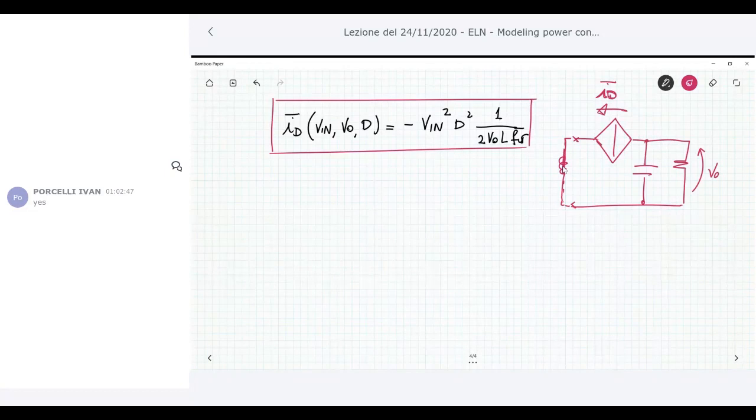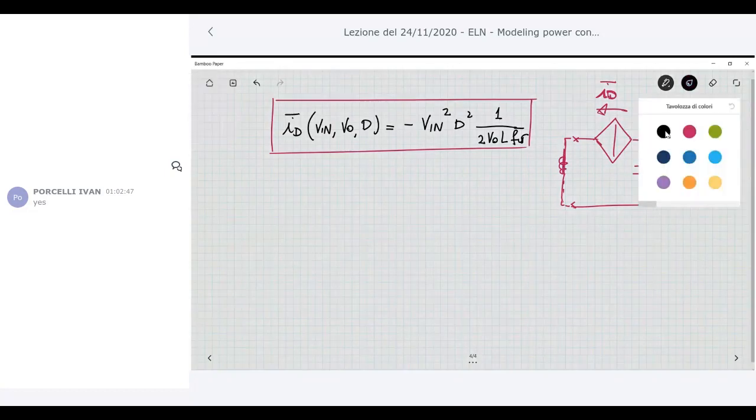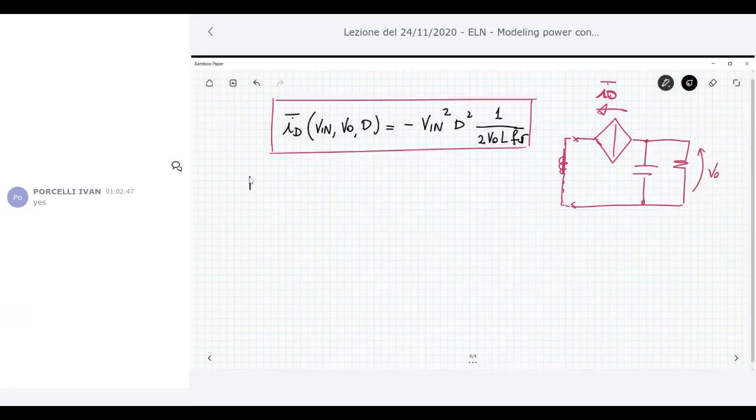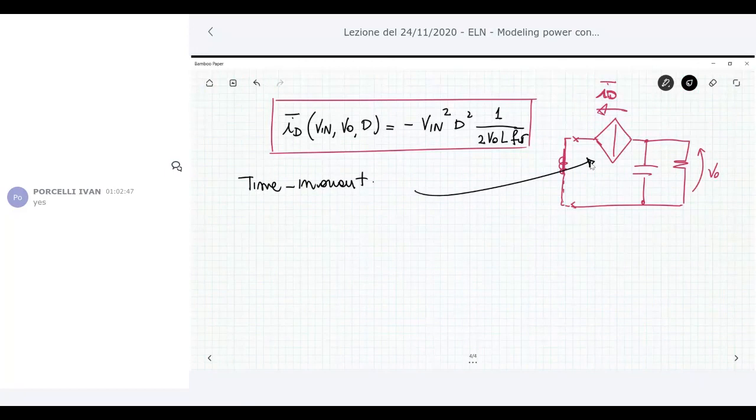In this situation, the circuit that derives from this analysis is a time invariant circuit. Invariant because I was able to replace my switch here, the diode, with a time invariant current source, which has the average of the current through this period Ts.